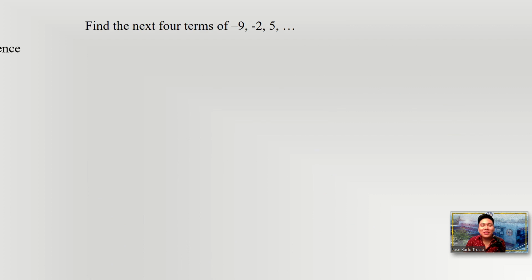Okay, so for example, find the next 4 terms. So in finding the next 4 terms, how to do it? You're going to find, of course, the common difference. Negative 2 minus negative 9. Again, do not be confused with the symbol if it is subtraction. So what to do?